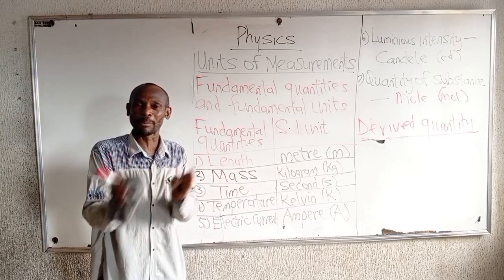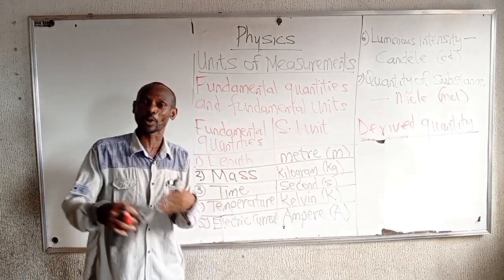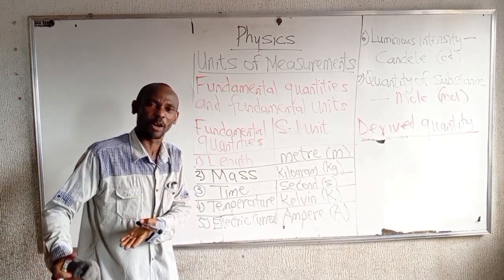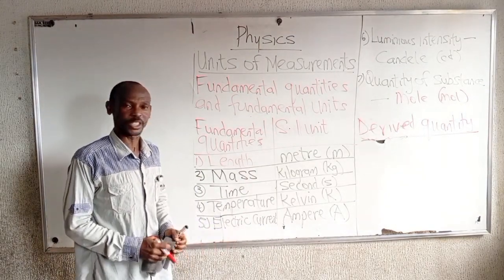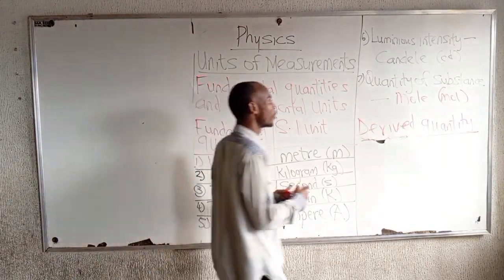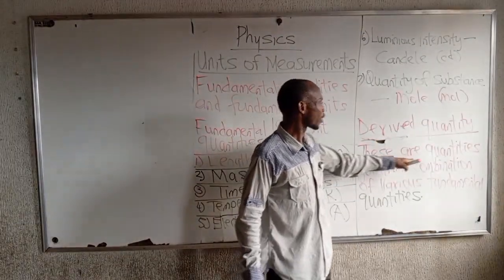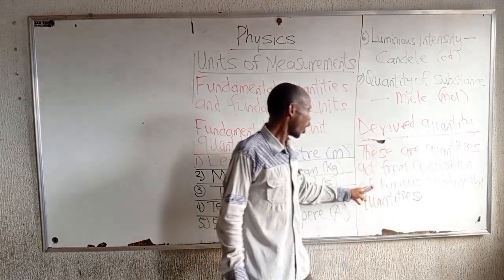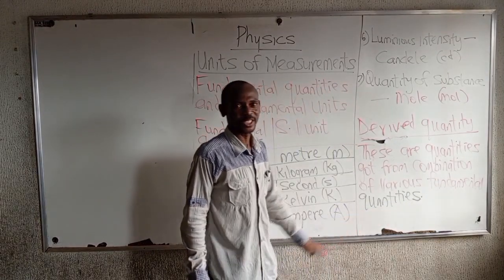So when our fundamental quantities are combined in various proportions or ratios, they give us a new set of quantities referred to as derived quantities. Now let's take that down. So we say derived quantities are quantities got from combination of various fundamental quantities.